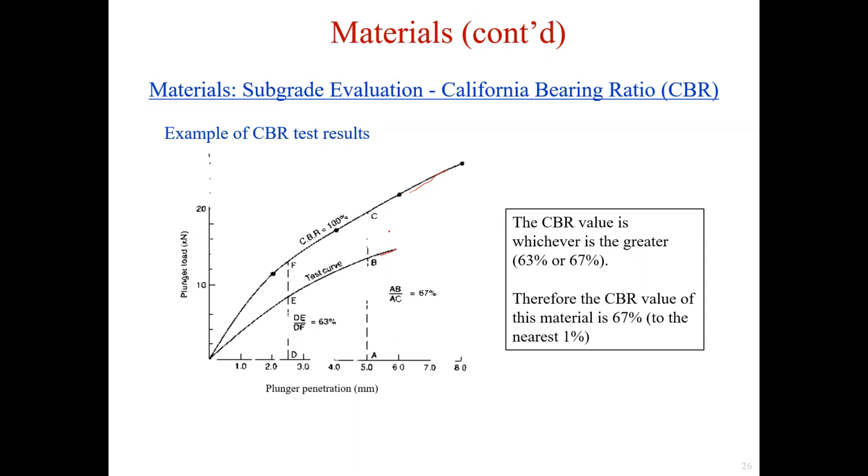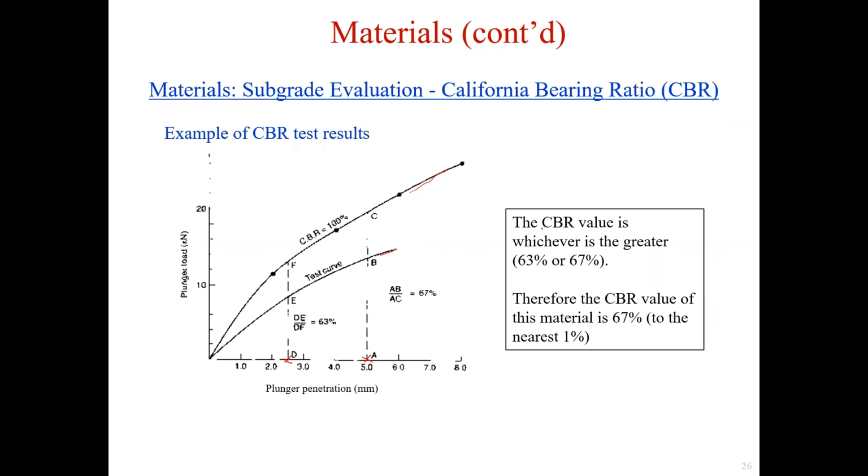So we find from the horizontal axis the penetration of 2.5 millimeter and 5 millimeter, and then take the corresponding load reading from the vertical axis. So finally, we work out the ratio of load on testing sample and the standard sample, the DE over DF and AB over AC. Because the sample area is the same, the ratio of load is also equivalent to the ratio of pressure.